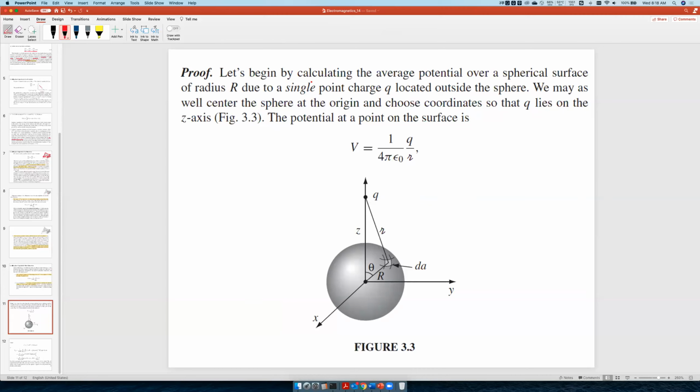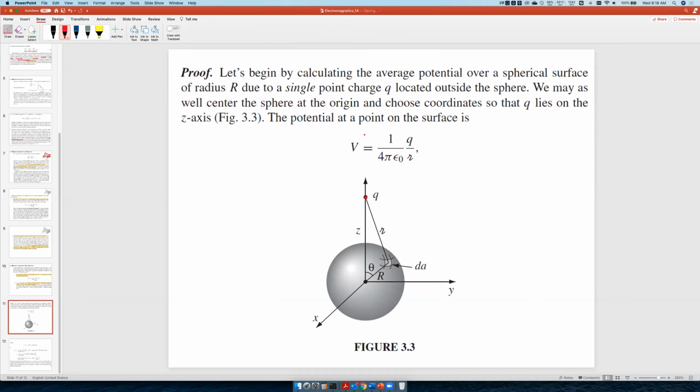Let's begin by calculating the average potential over a spherical surface of radius r due to a single point charge q located outside the sphere. We may as well center the sphere at the origin and choose coordinates so that q lies on the z-axis. So this is your charge, and this is the sphere.